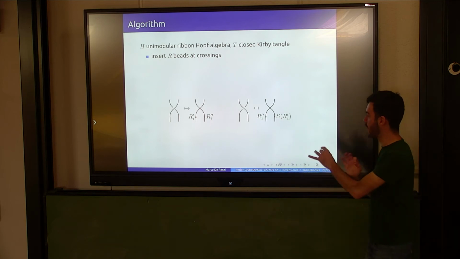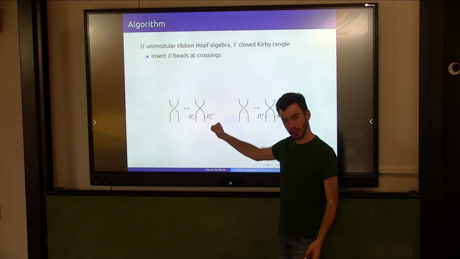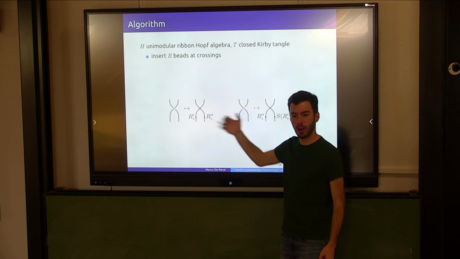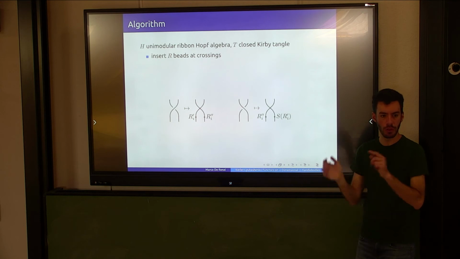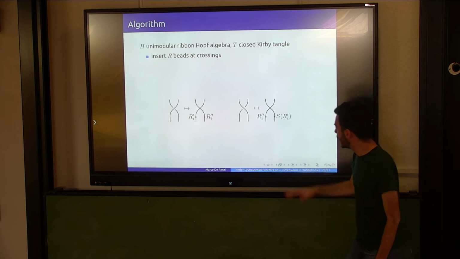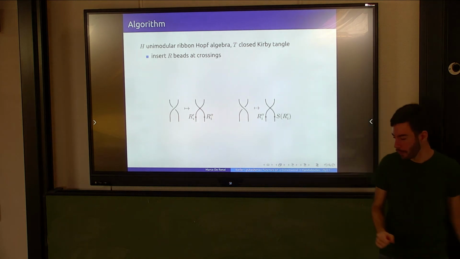We place elements of the inverse of the R matrix around crossings. And we pass to a singular version of the diagram. So from this moment on, we forget the difference between over crossings and under crossings, okay? Because this will be encoded by either this choice or this choice from now on.